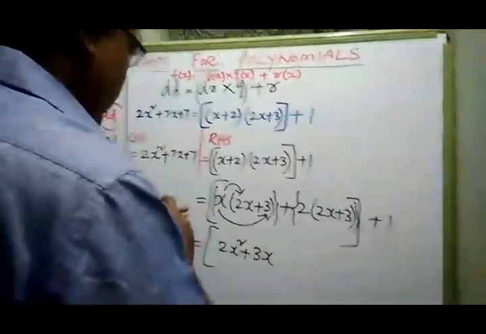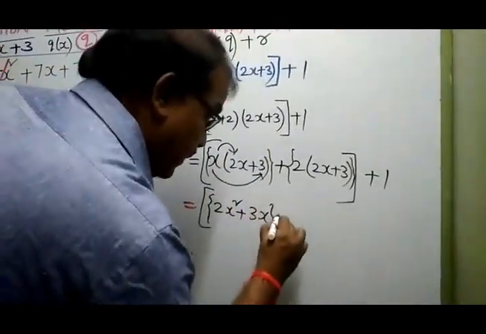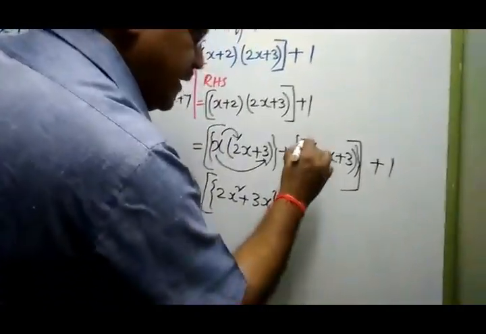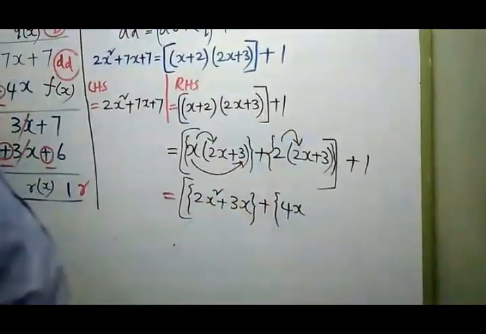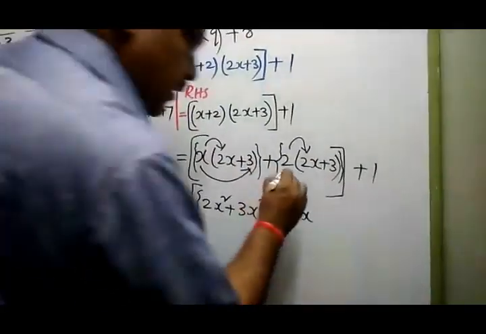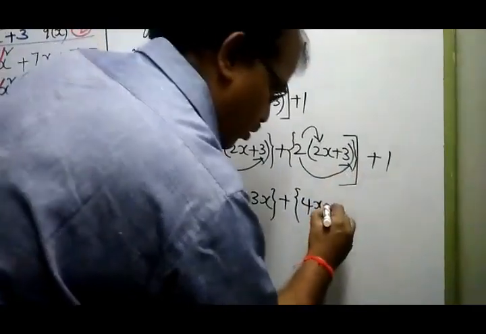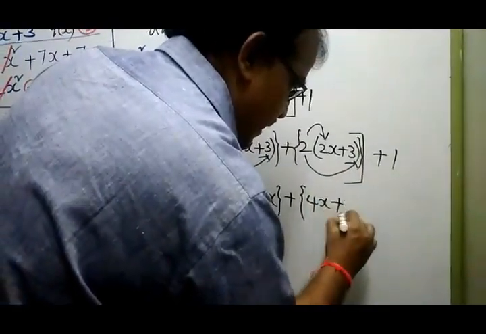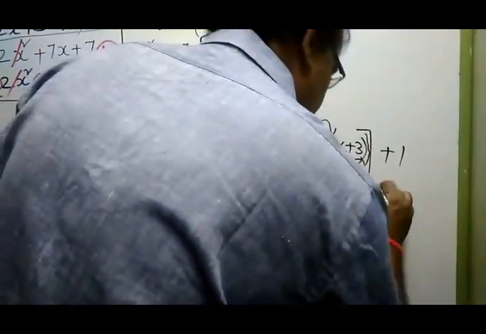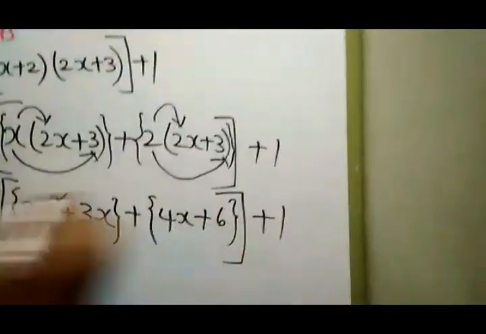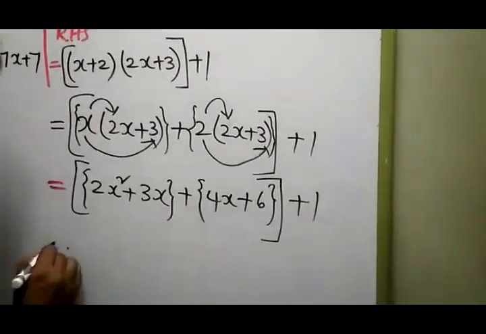Now plus 2 into 2x is 4x, plus 2 into plus 3, 2 threes are 6, plus 1. Now break the brackets here.